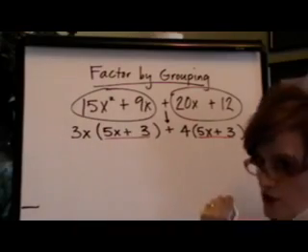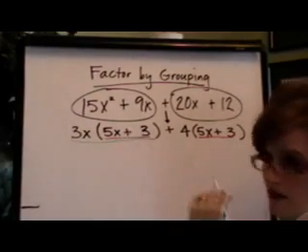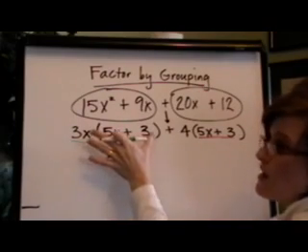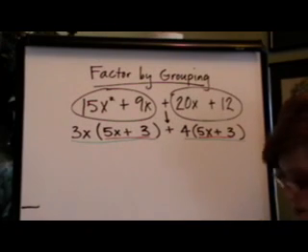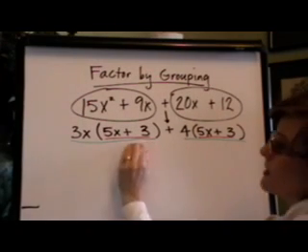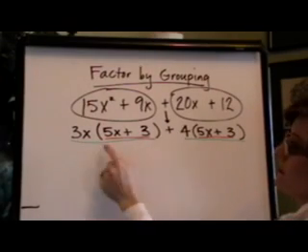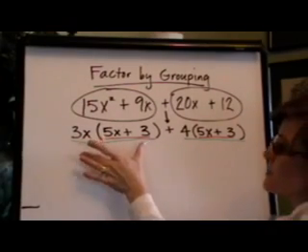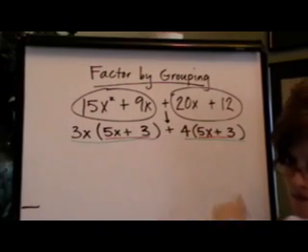Now, I want you to notice that this green thing that I've underlined is actually a term, and this green thing is a term. And if you look at the green boundaries, you see that we do have a binomial. Again, this is a term plus a term, which is a binomial, 2 terms.